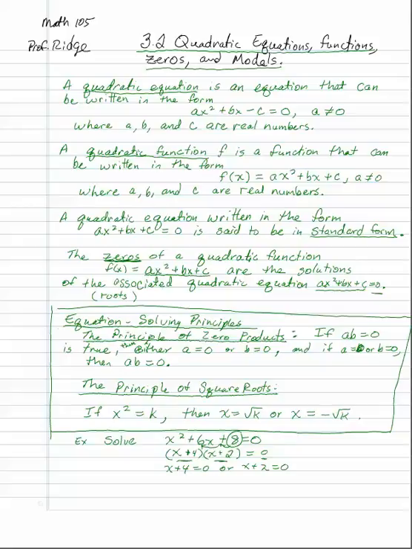And then you just solve those individually. So x equals negative 4 or x equals negative 2. So you get the two solutions and you're done. If you want to write it as a solution set, use braces because they're individual numbers. It's not an interval. It's just two individual x values.